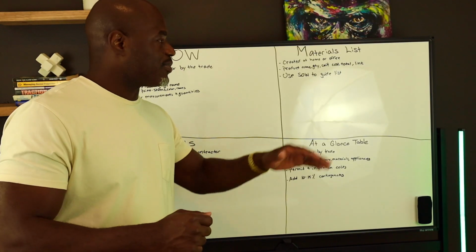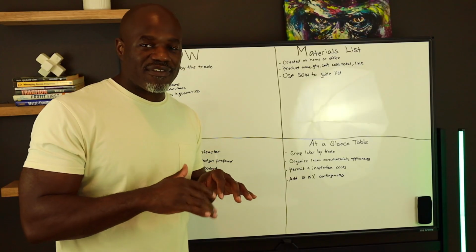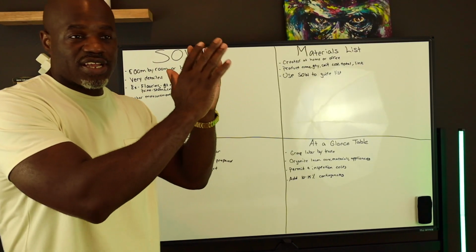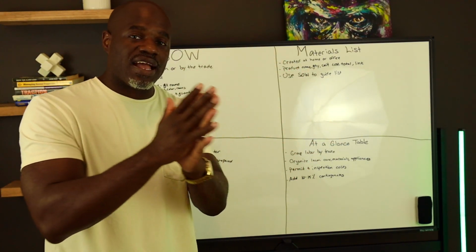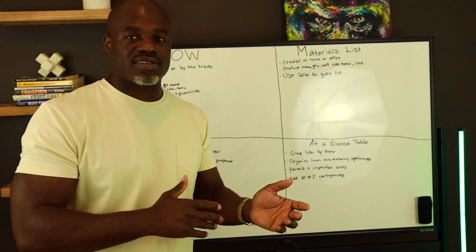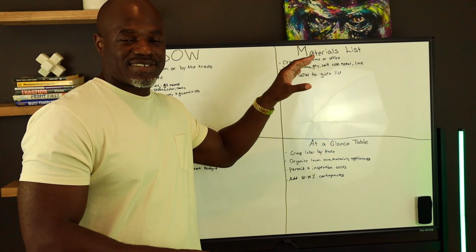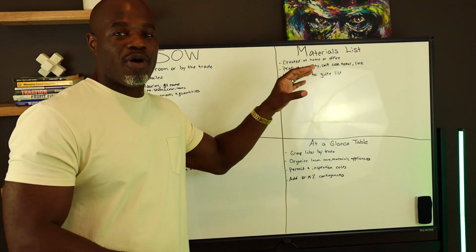If I'm able to complete this back home or in my office, it's a lot easier, a lot faster. I can have my scope of work open and a screen with the materials list, and I can start to fill out the materials list, as opposed to doing everything on my phone.